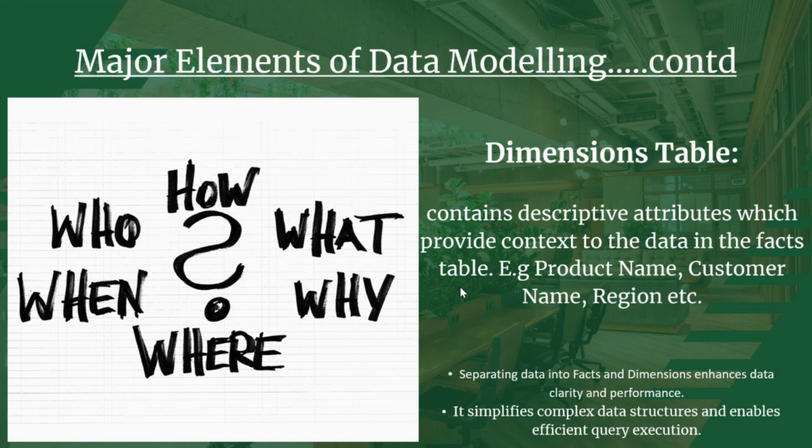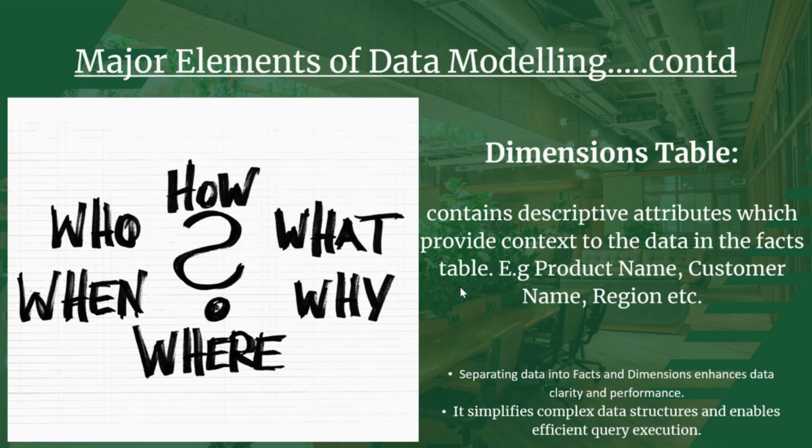For example, things like date, product name, customer's name, region, and things like that are the kind of data items that we'll find in our dimensions table. So again, the fact table contains the numeric data, while the dimensions table contains the descriptive attributes, which we can use to describe the data in our fact table, right?